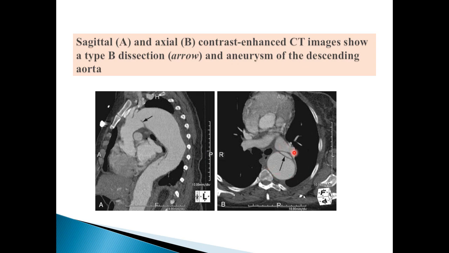At the same location, using a different point of view, we can see the aneurysm of the descending aorta. This is the actual lumen of the aorta, and this here represents the false lumen of the dissection.